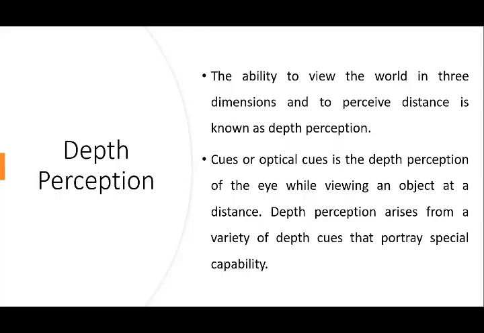Now, the second thing you need to learn is the cues. I didn't highlight it, but put focus on it. Cues or optical cues are the depth perception details of the eye while viewing an object at a distance. Our eye takes the details of an object, and we label it as cues or clues.